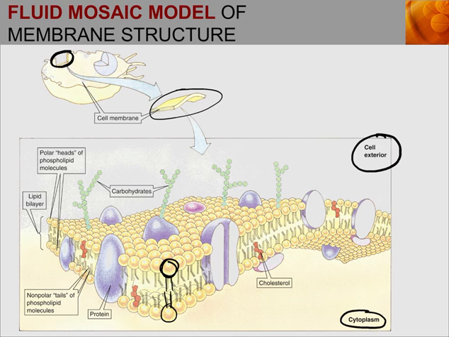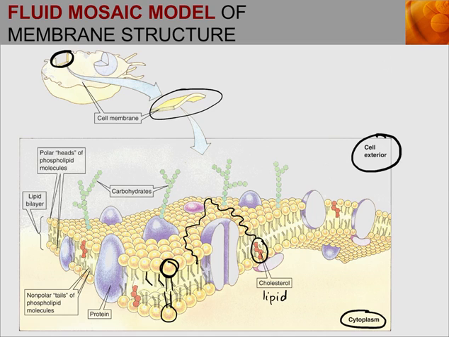You'll notice that there's a cholesterol molecule here, which you might have heard of before. We'll talk about cholesterol more in a minute because it is a type of steroid. So this is a type of lipid. And again, these can meander their way through the membrane and move around. Also notice that some of these fatty acid chains have kinks in them.